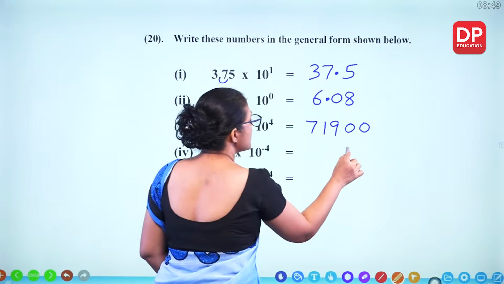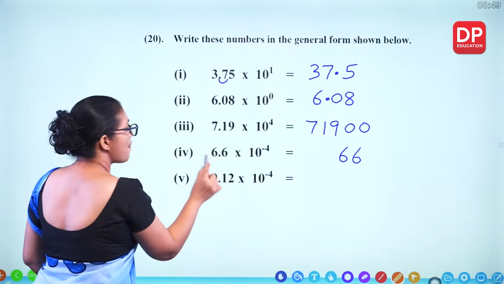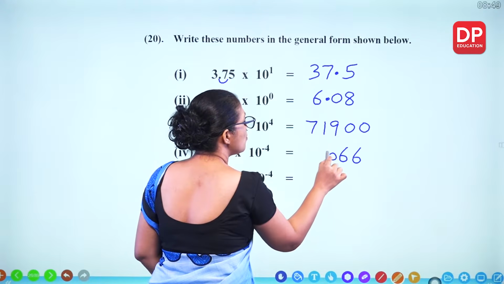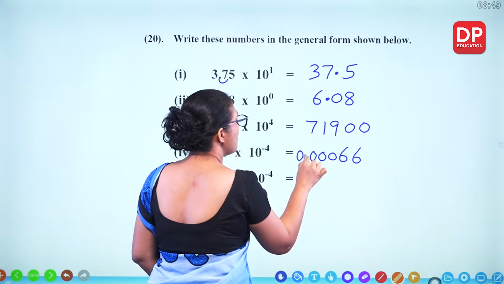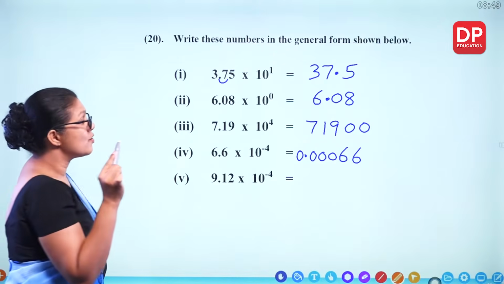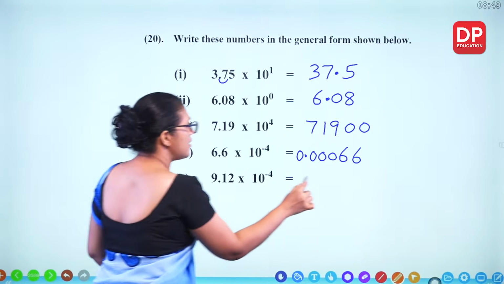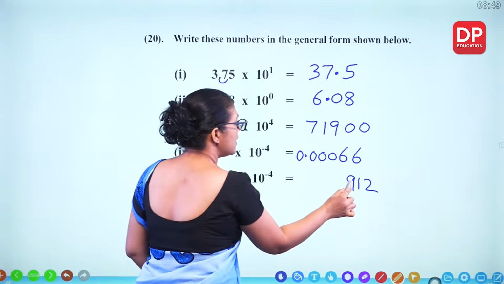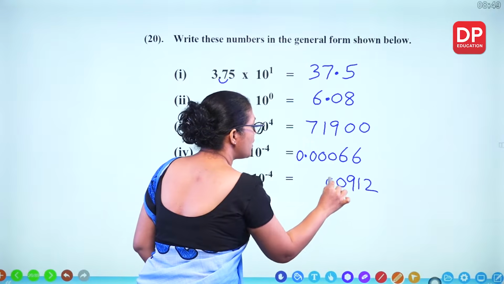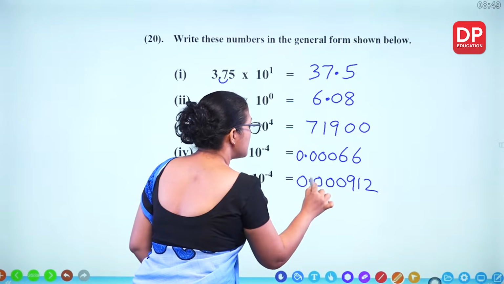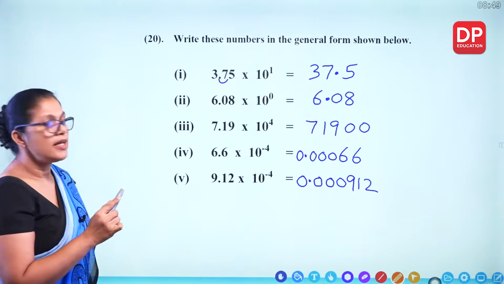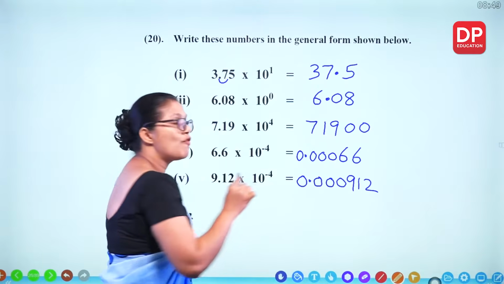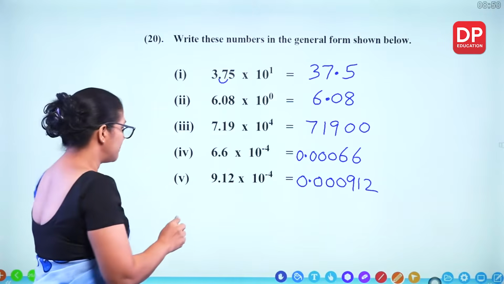Minus 4, 6 and 6 there. Minus means to the left. Starting from here, 1, 2, 3, 4. So the number is 0.00066. This one, 912 there. 4 places to the left. 1, 2, 3, 4. 0.000912. So from here, 1, 2, 3, 4. 4 places to the left.